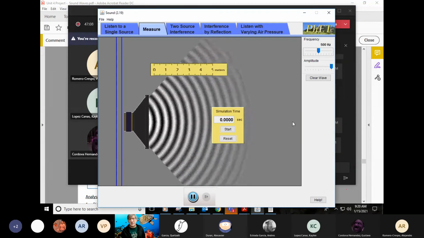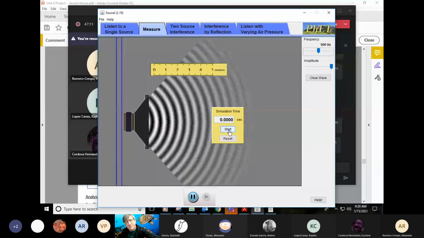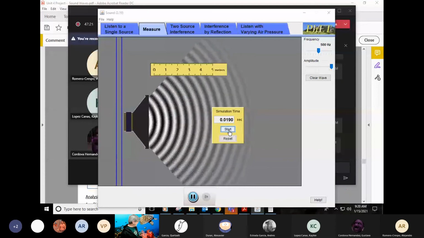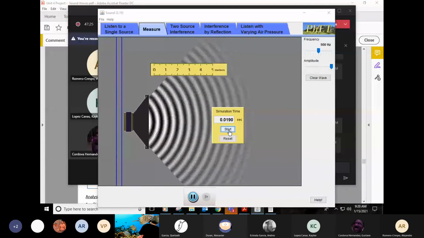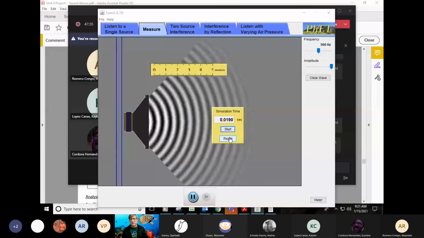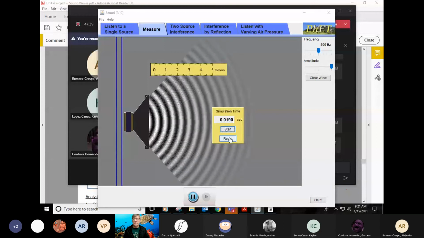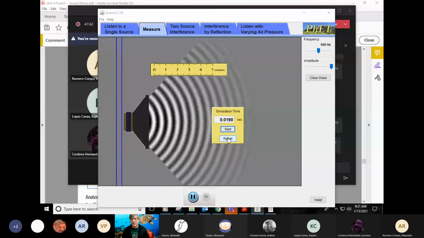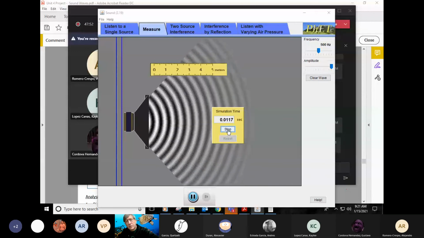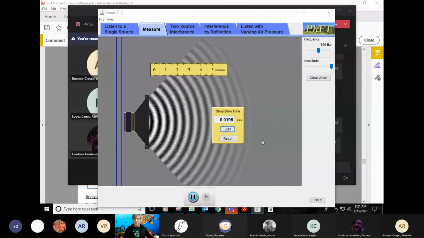We're moving on to 500 hertz. I'm going to start the clock and follow the wave to the 5 meter mark. 0.0190. Okay, second trial. 0.0198.